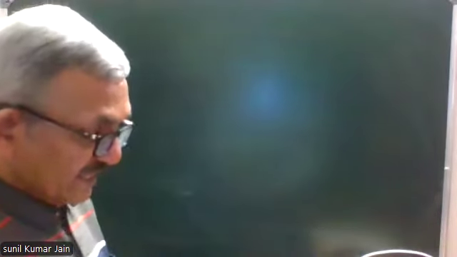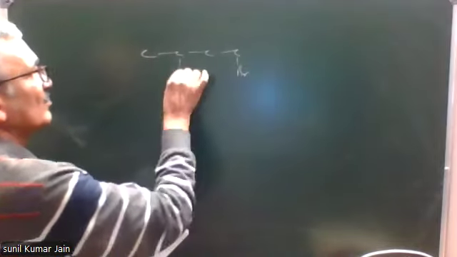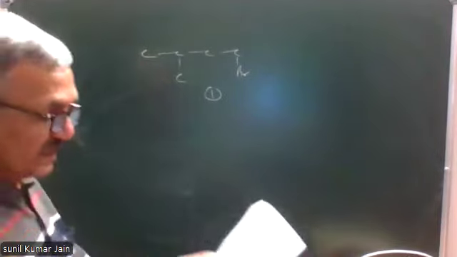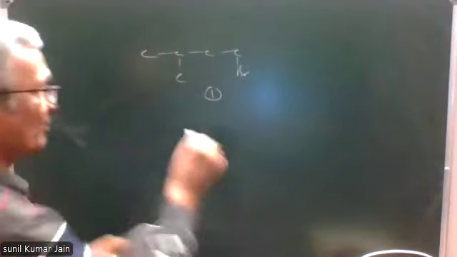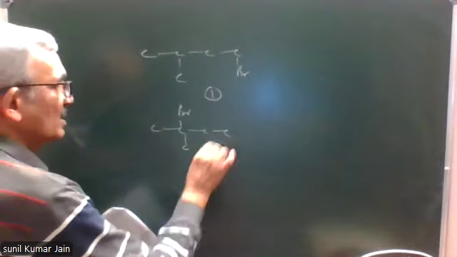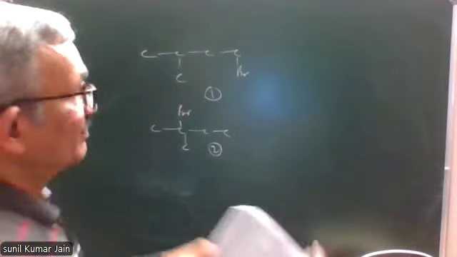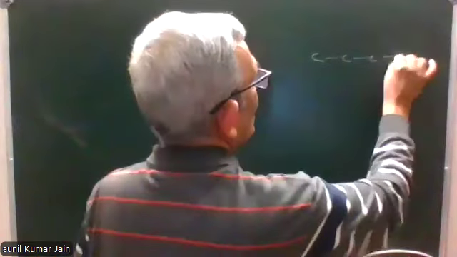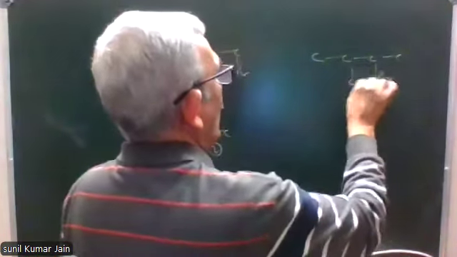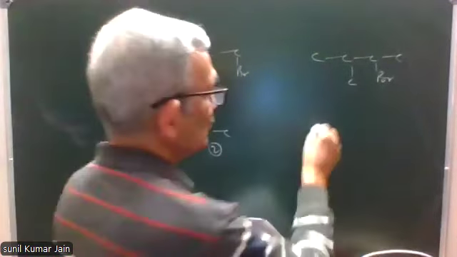Next question. Arrange 1-bromo-3-methylbutane, compound number 1, tertiary-pentyl bromide, compound number 2, and 2-bromo-3-methylbutane in increasing reactivity by SN2 mechanism.